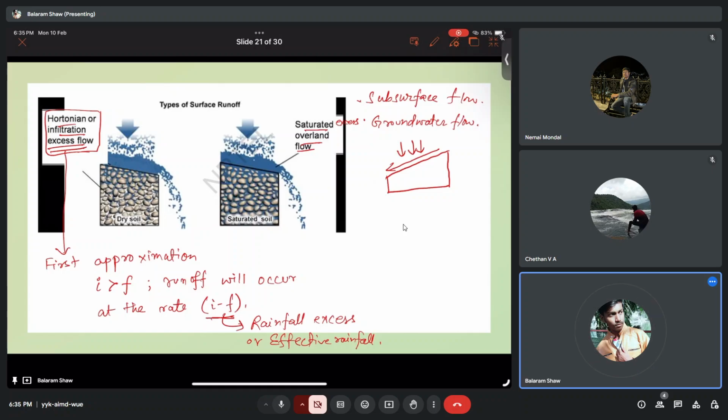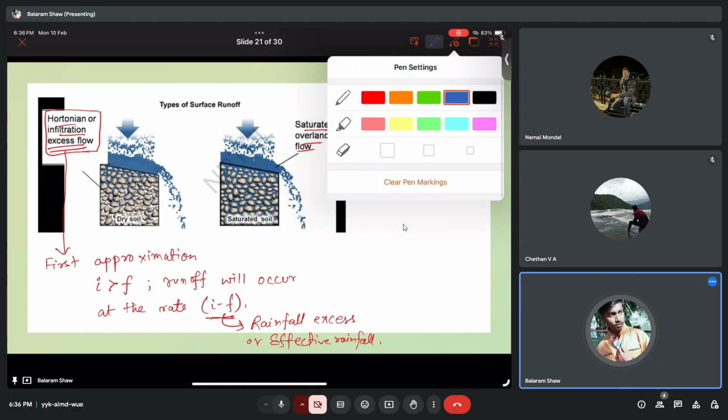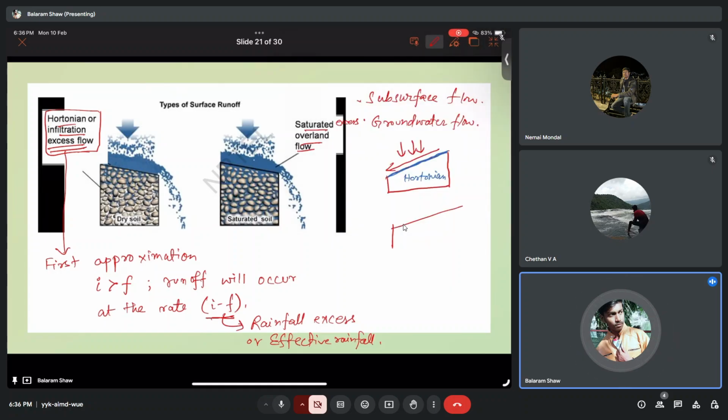So here that water again flows as the overland flow. So here what is happening? If I change the color, in the infiltration, here we have the Hortonian overland excess flow, right? But in case of, it's the same slope we have and the same rainfall is happening.